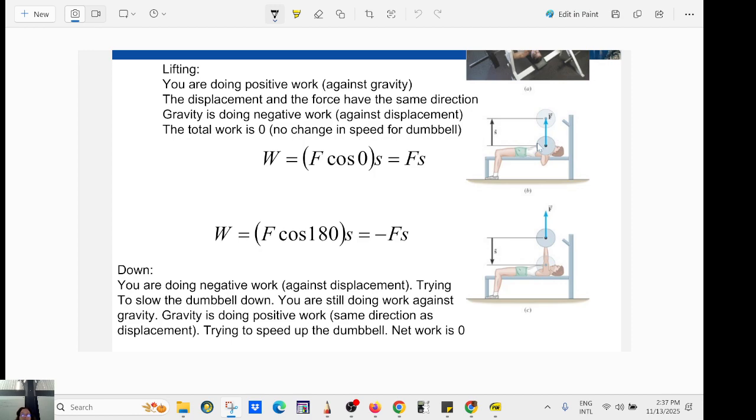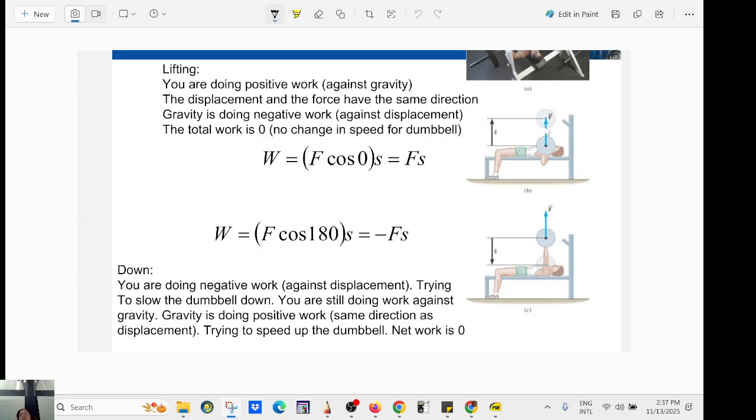So for the work done here, he's doing work against gravity. You see that the force he's applying is in the same direction as the displacement, so the work will be positive. But at the same time, gravity is doing negative work.